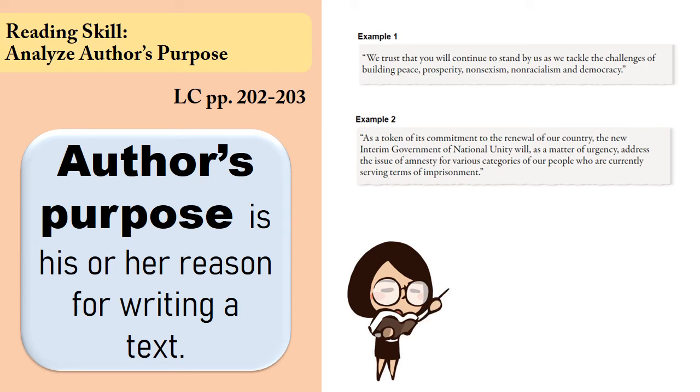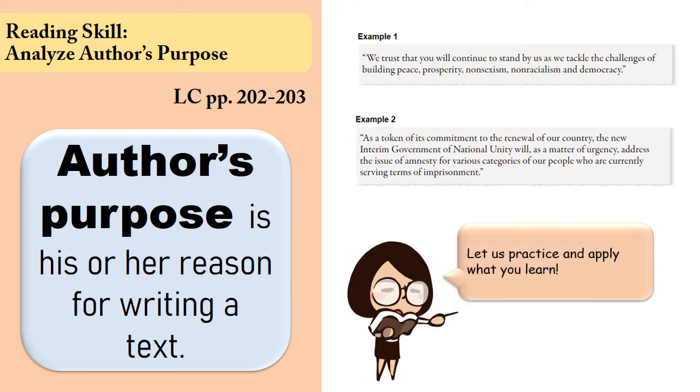As you notice in example two, he used expository writing to inform his audience. So both purposes and the type of writing kind of overlap, depending on the intention of the author. So let's try a little bit of practice here and let's answer your classworks.